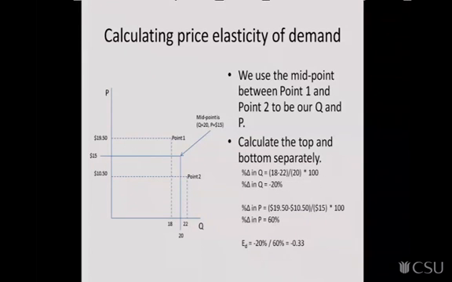And you divide the change of 4 by the average, which is the midpoint between 18 and 22, so 20. So you divide 4 by 20, which gives you 0.2. Translate that into percentage by multiplying by 100. So that's 20%.